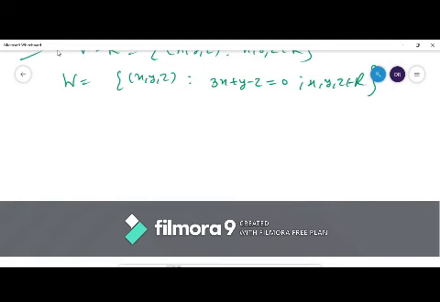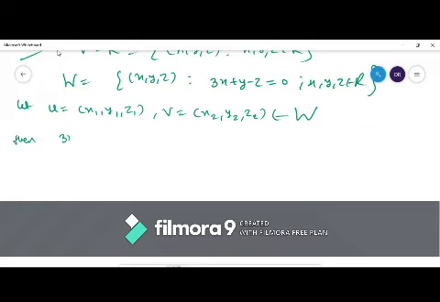For this, let U be equal to (x1, y1, z1) and V be equal to (x2, y2, z2). These belong to capital W. Then 3x1 plus y1 minus z1 is equal to 0.